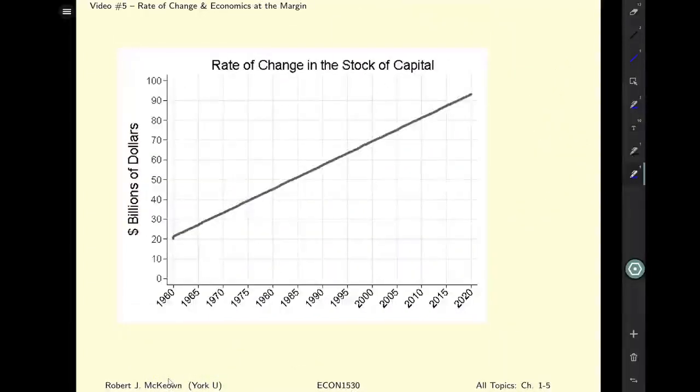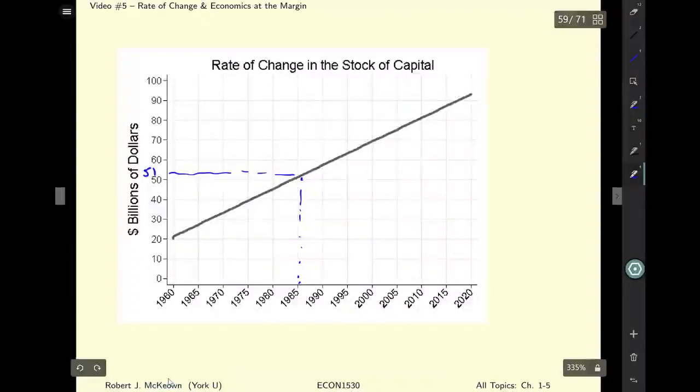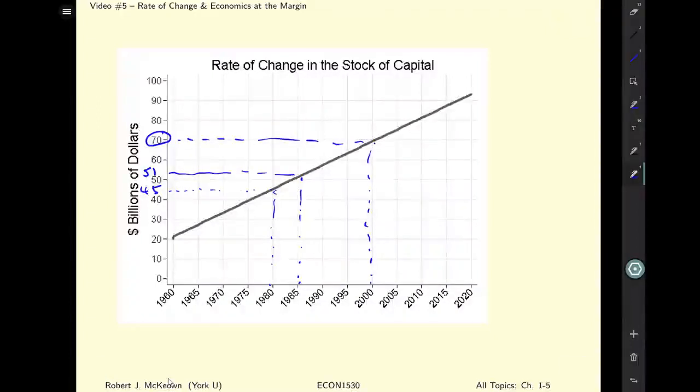And this graph actually shows me the rate of change in the stock of capital. So how is it changing over time? We can see here that in 1985, the change looks like maybe it was, say, 51. If we go to 1980, it looks like the change was maybe 45. And the rate of change is actually changing over time.